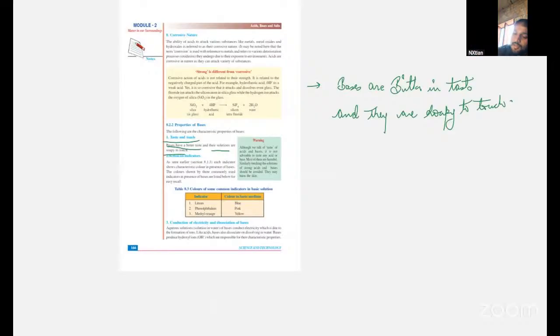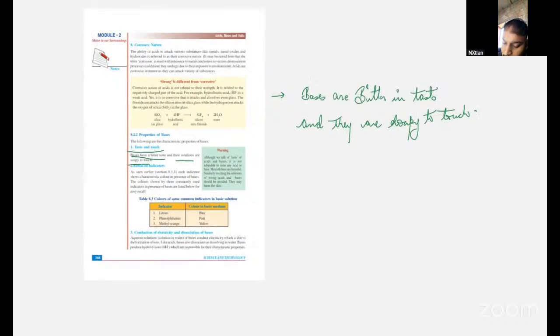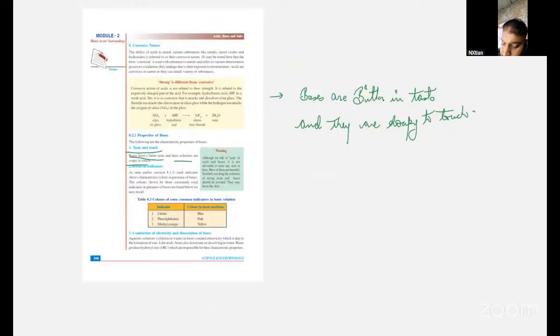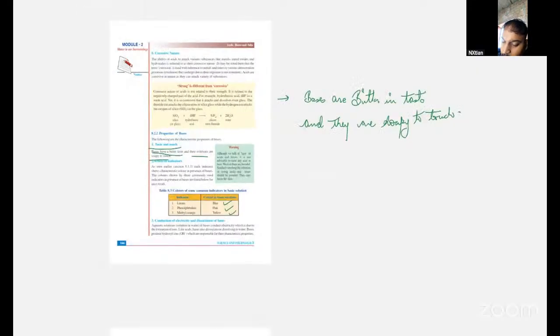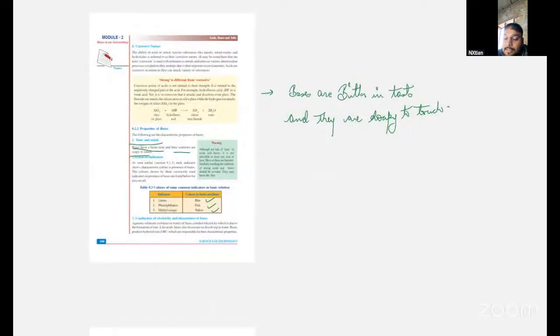So the bases are bitter in taste and they are soapy to touch. We know that litmus paper will give blue, pink, and yellow. Now, will a base conduct electricity? Yes, a base will conduct electricity. Why? For example, if I take NaOH, we know that the OH minus ion is there.